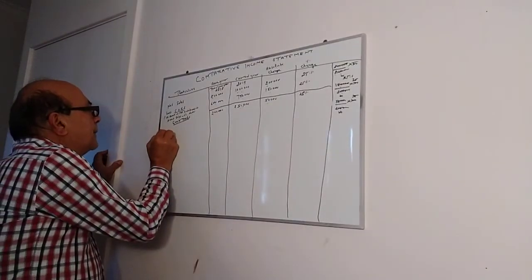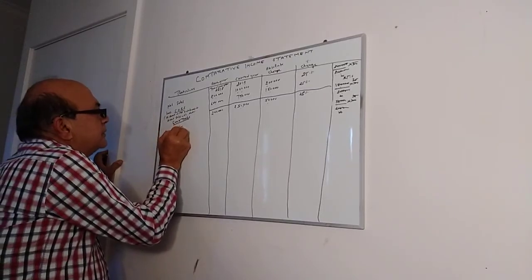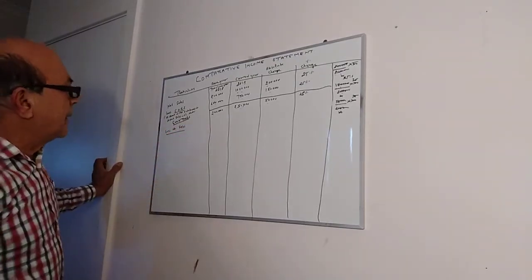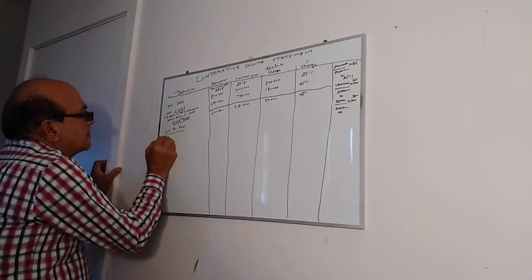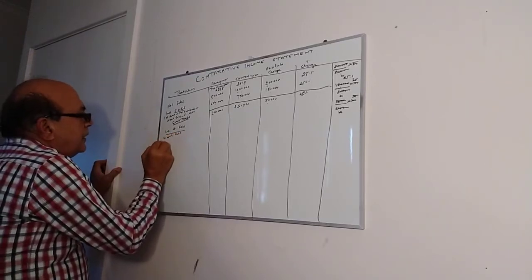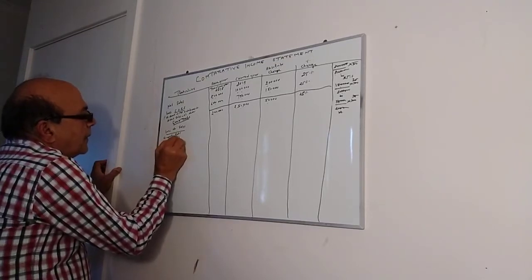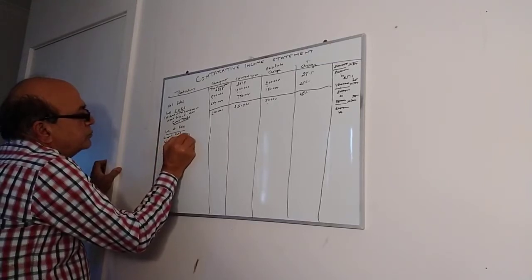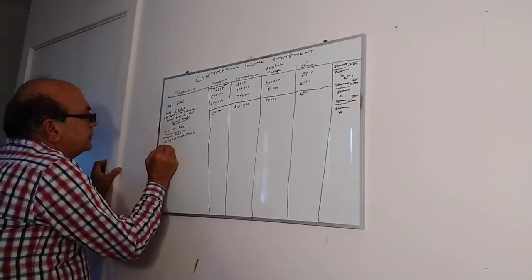Less: operating expenses. Operating expenses are general expenses, selling and distribution expenses, and administrative expenses.